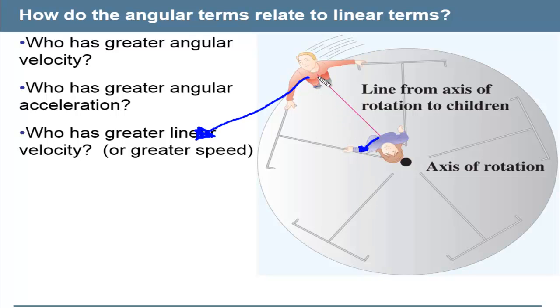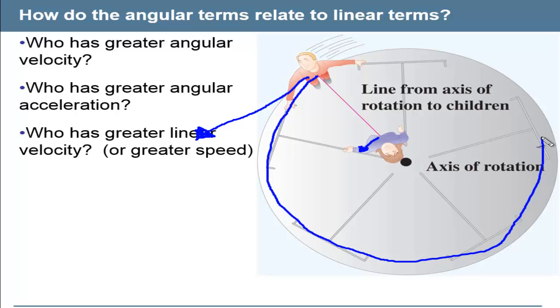Because if we consider that in, say, 1 second they go all the way around, the distance he goes is much greater than the distance that she goes, right? So linear velocity, or speed maybe I should say, is just distance divided by time, right? He goes a much larger distance in the same time that she goes. So he must have a much larger linear speed.